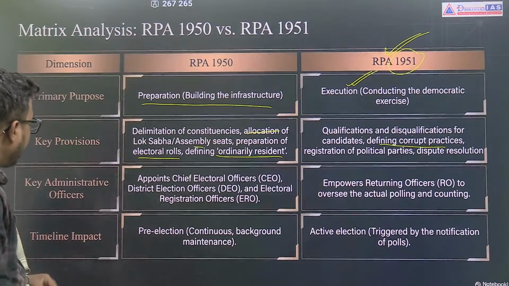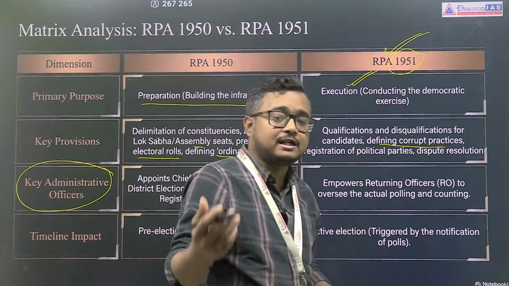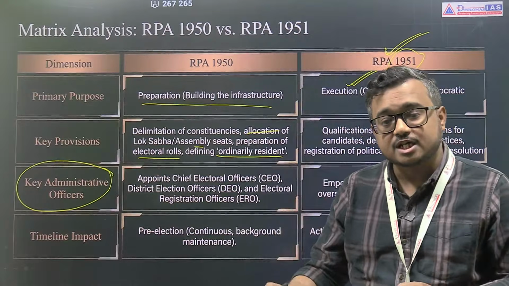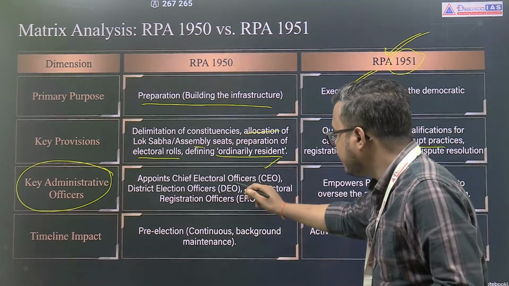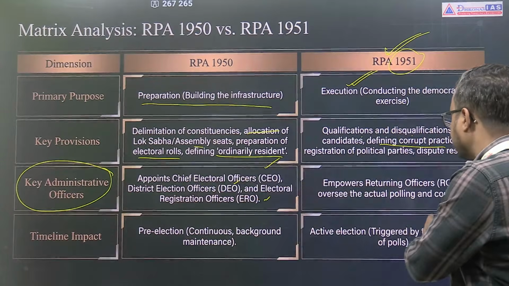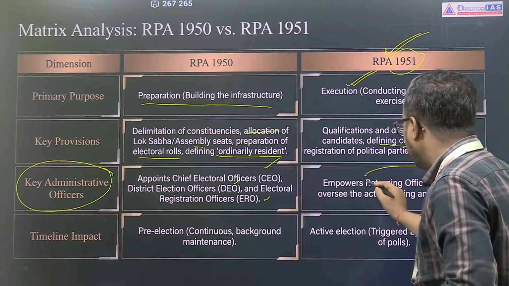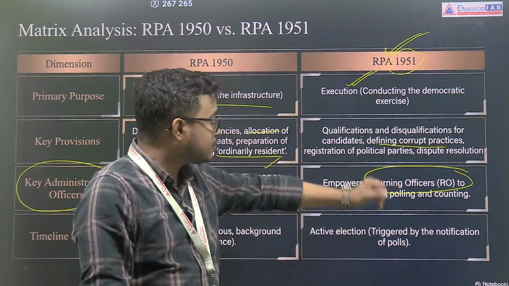Okay. What about the key administrative offices? Because to run an election, you need administration at every level, right? So CEO, DEO and ERO, all these were defined, and here they empowered the returning officers to oversee actual polling and counting.